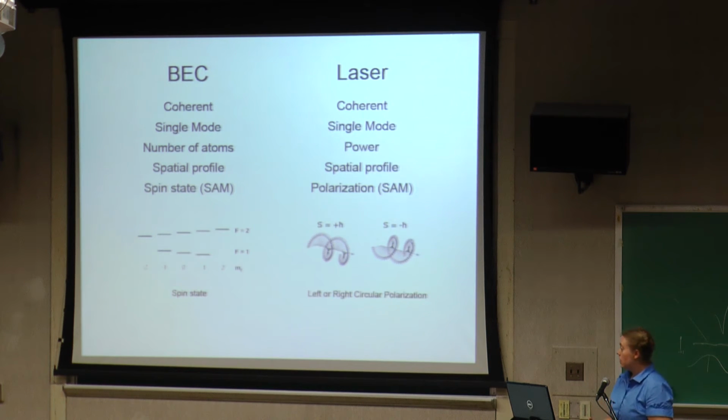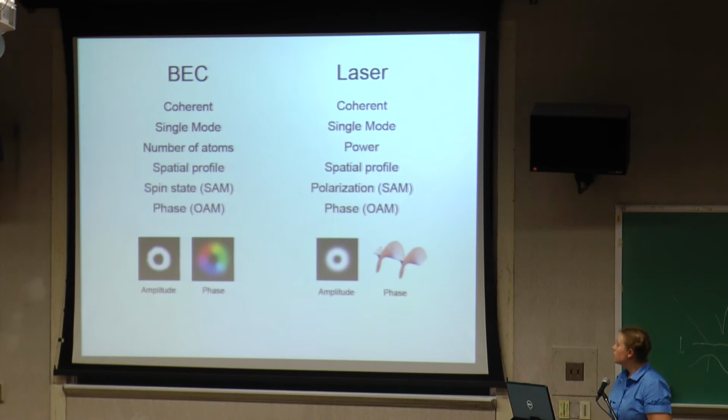To this analogy, we add the spin state of the atoms. This is the different Zeeman sublevels, the m values within a hyperfine spin manifold in the condensate. Of course, in a laser, we all know this is the spin angular momentum of light.